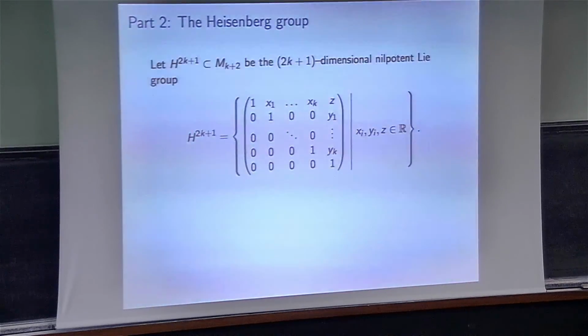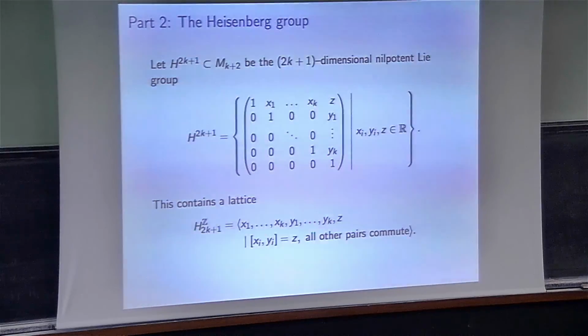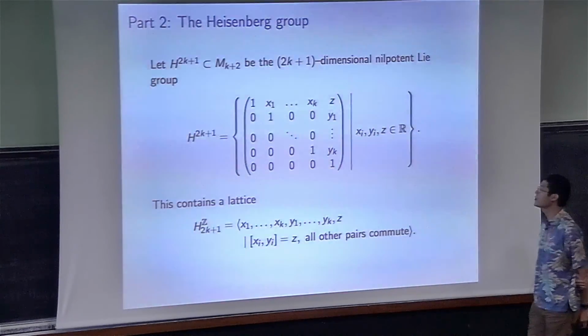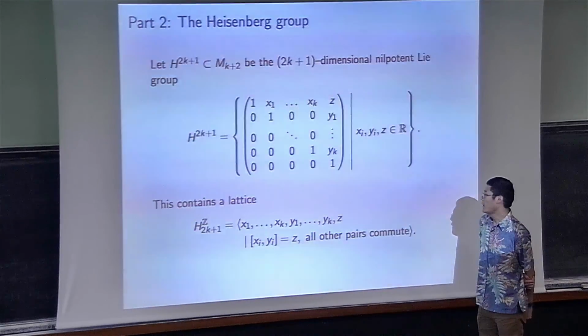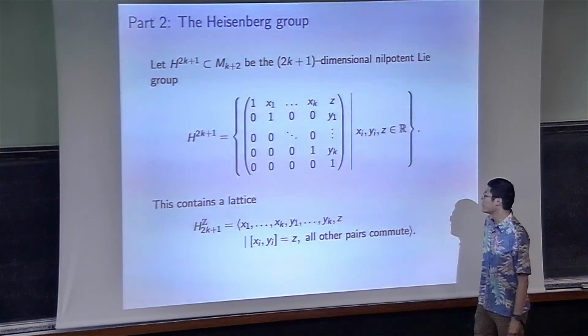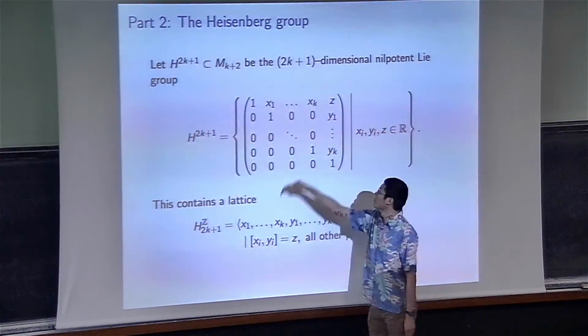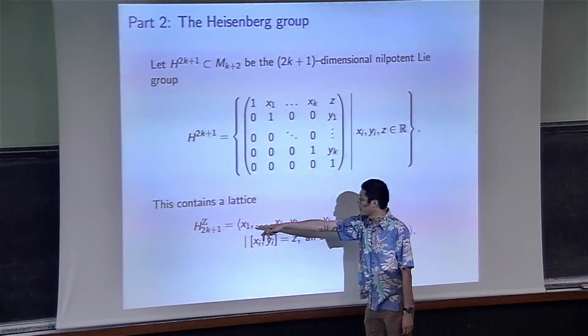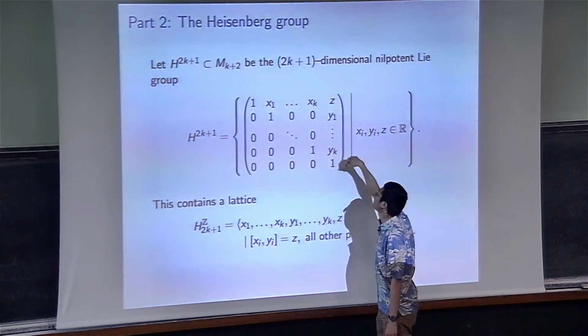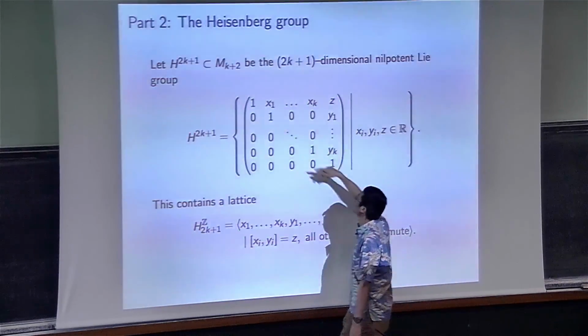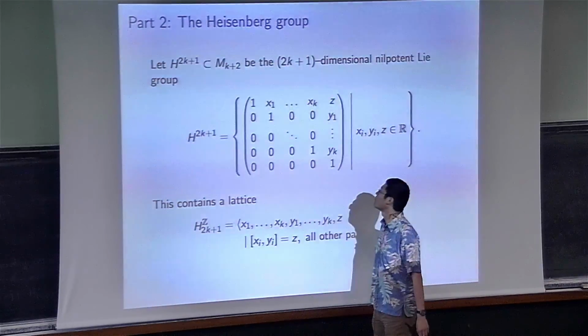This is the real Heisenberg group. There's also something called the integer Heisenberg group. If we require all of the coefficients to be integers, then we get a lattice in the real Heisenberg group. And that lattice has 2k+1 generators corresponding to, by abuse of notation, I'm going to let the generator x_1 be the matrix where you have ones along the diagonal and zeros in every coefficient except for x_1, and you let x_1 equal 1.